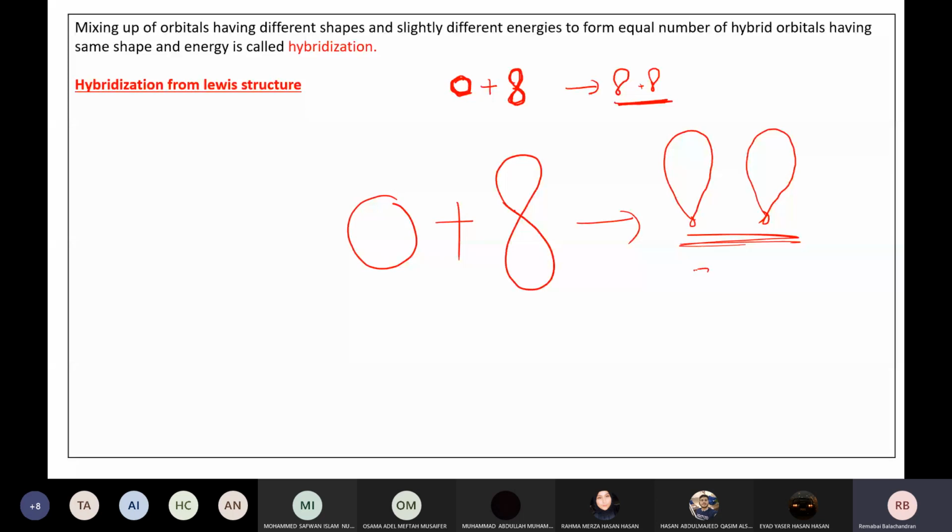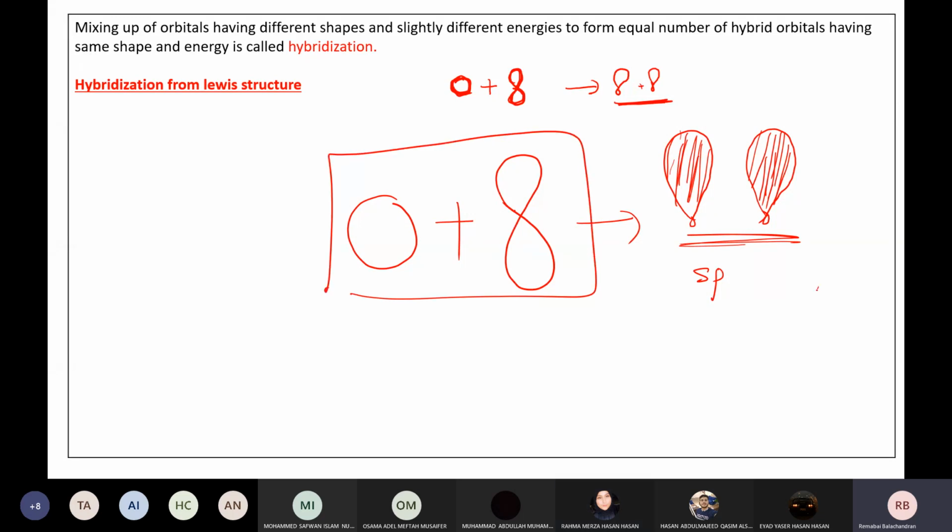This is called sp hybridization because we mixed one s with one p. Now the whole electron density is transferred to one lobe so that overlapping will be efficient. So before mixing, they have different shape and different energy. After mixing, same shape, same energy.